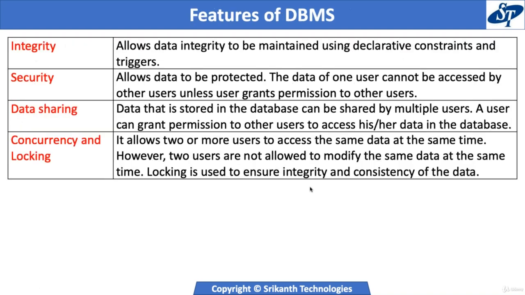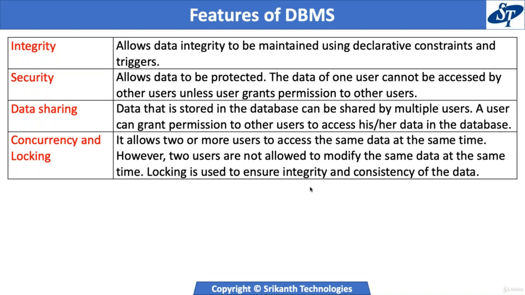Now, what are the features of a DBMS? What does it do? Well, this is just an overview of what a DBMS can do. It maintains integrity of data. In simple words, it's just managing validity of data. It makes sure data is valid.